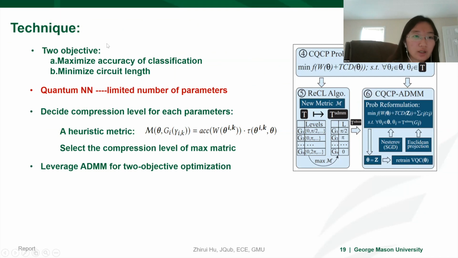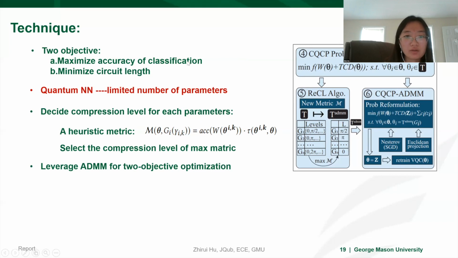So for the quantum neural network, there are two objectives. The first one is to maximize the accuracy of classification, and the second one is to minimize the circuit length. Because we are in the initial stage, the quantum neural network has a limited number of parameters.